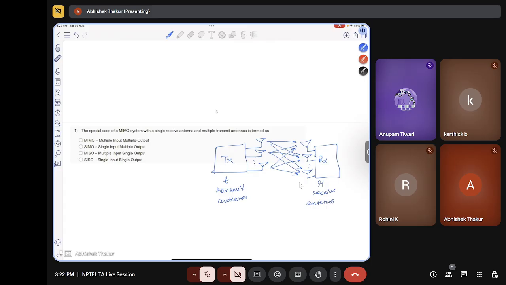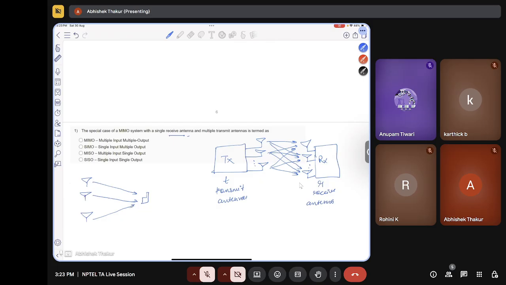The first question is very easy. The special case of the MIMO system with a single receive antenna and multiple transmit antennas. So in this question there will be only a single receive antenna at the user terminal, and at the base station there will be multiple transmit antennas.